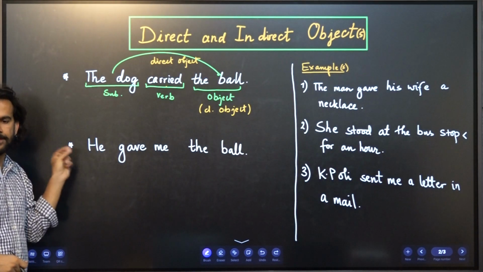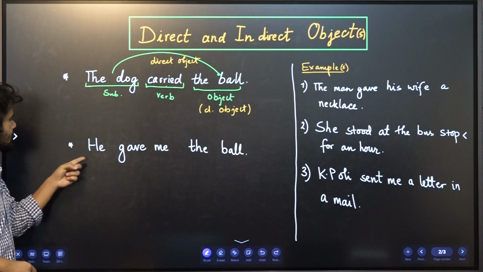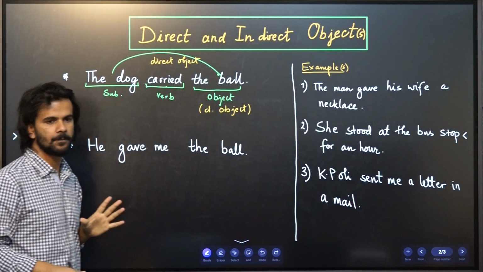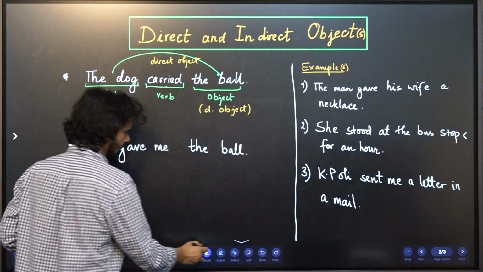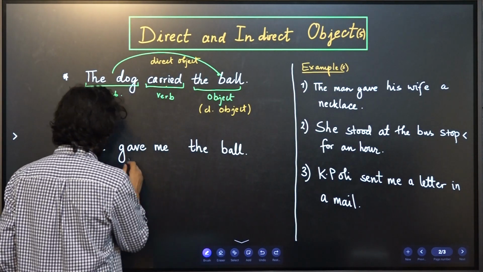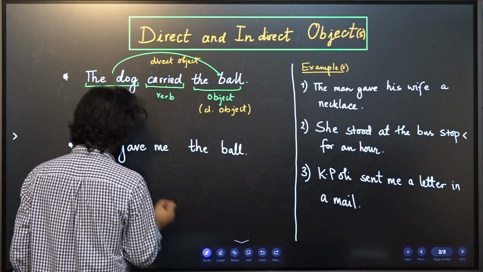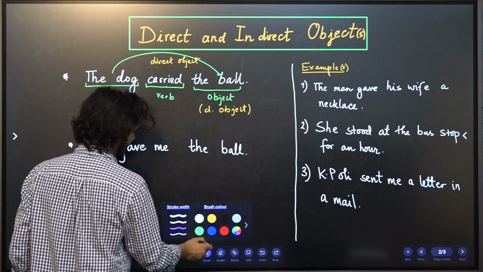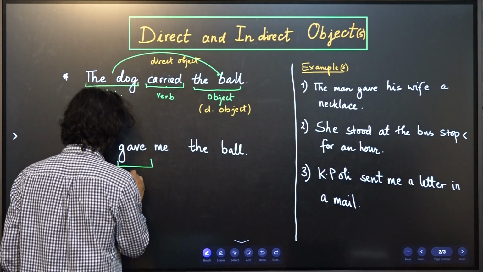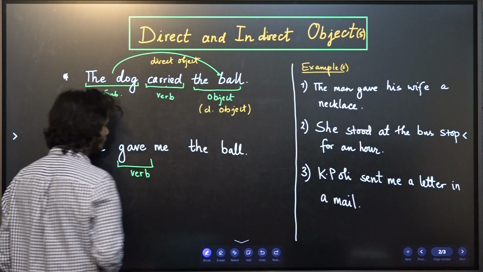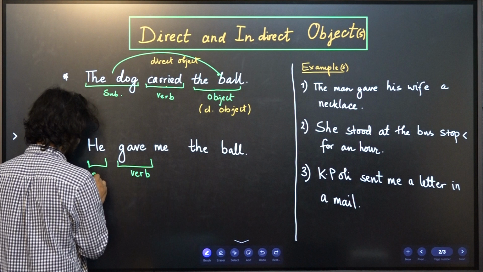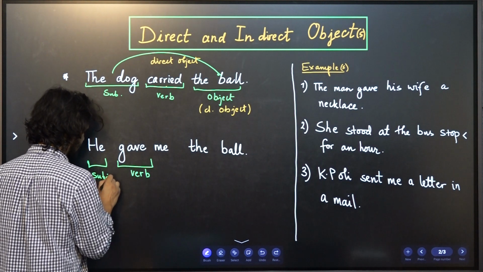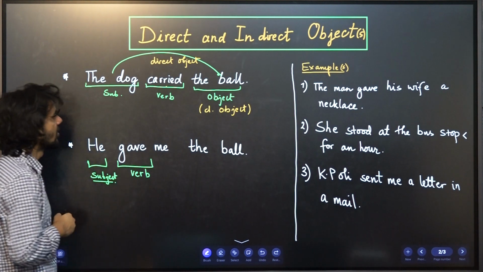To see the difference, let's have a look at the other sentence: he gave me the ball. What's the action here? Give is the verb, that's the action. Who is doing this action? He, this is the subject, right?